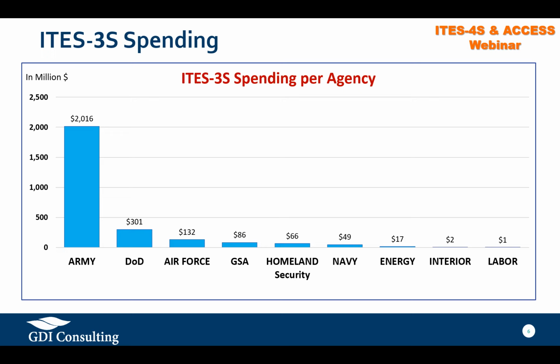The DoD administration itself, the Air Force, a little bit from the Navy, but also outside the military, GSA, Homeland Security, even Energy, the Department of Interior and the Department of Labor, but very small, obviously. So the main user remains the U.S. Army, but other military and non-military agencies are using small chunks of it.